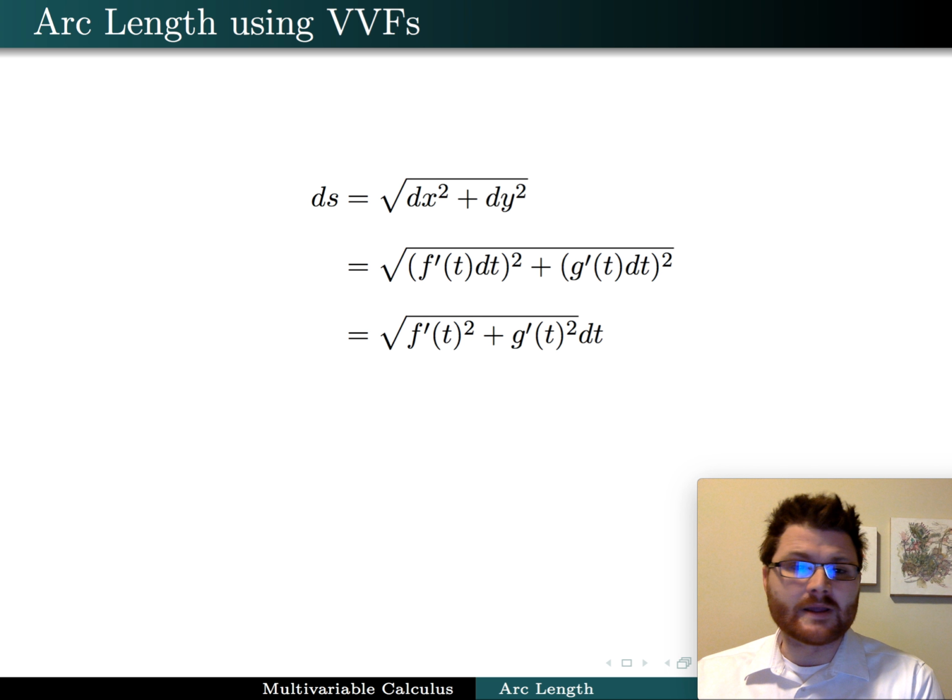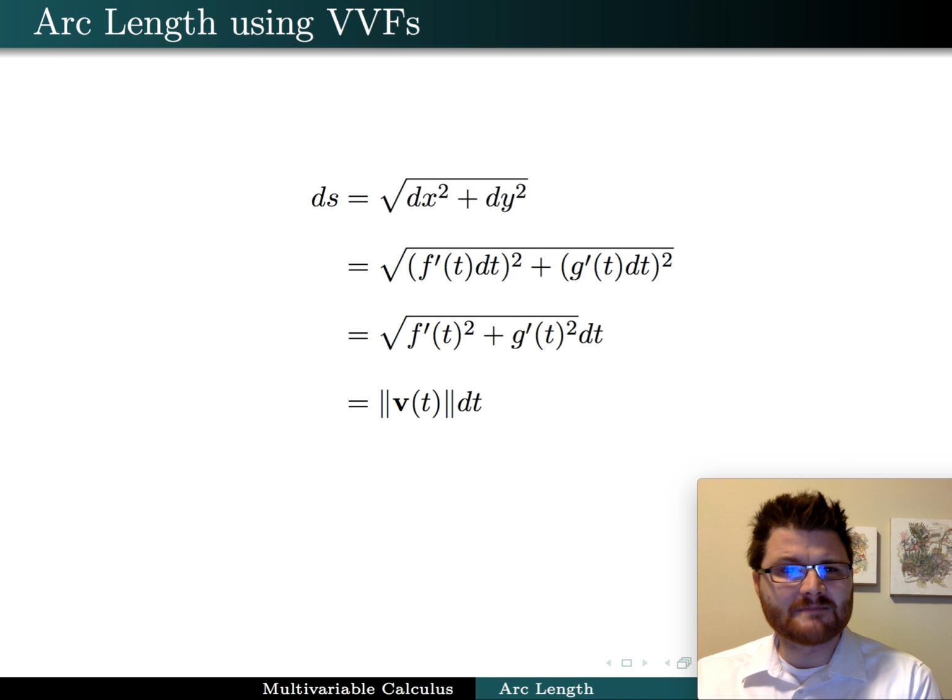And note that we could just as easily do this for a vector valued function in higher dimension, 3 dimensions. There would just be maybe some function h as a z component, and we'd get a similar looking result. There'd just be a plus h prime squared under the radical. But that piece left of the dt is just the magnitude of v, the magnitude of r prime.